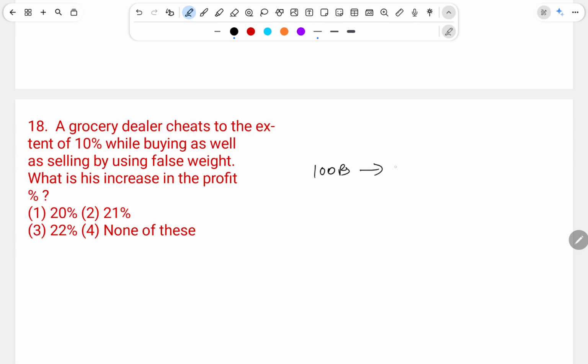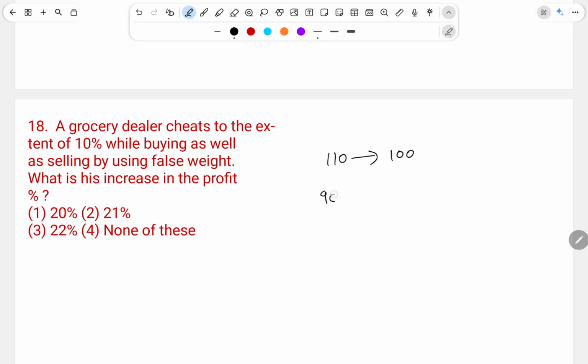For 100 rupees he is getting 110. 10% on 100 is 110. As well as selling, means for 90 rupees he is selling. Means we can take this as 110 he bought for how many rupees? 100 rupees.